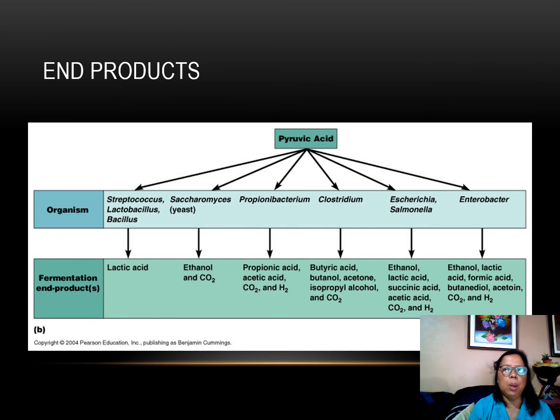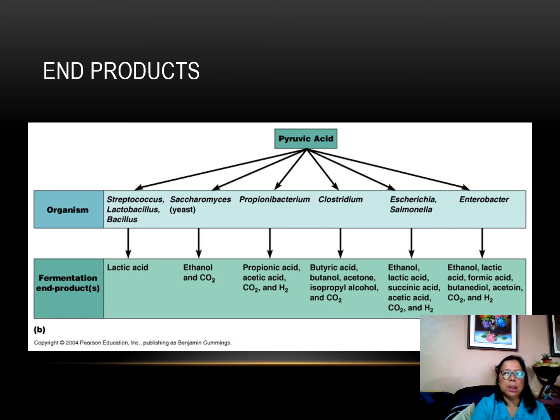So here are your end products of pyruvic acid vis-a-vis what kind of organism. So in the case of Streptococcus, Lactobacillus and Bacillus per se, the product of fermentation is lactic acid.